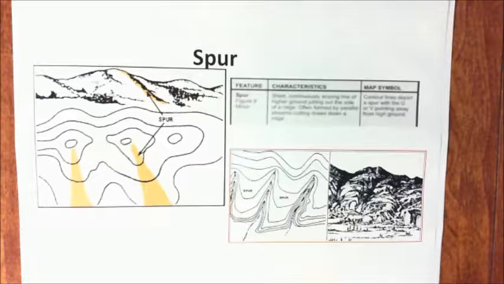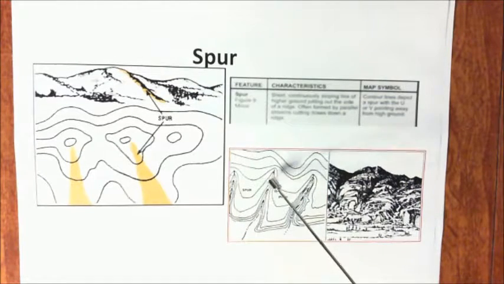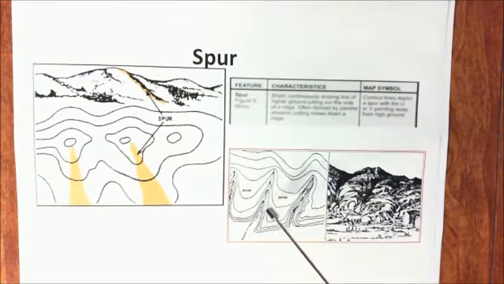So the characteristics: a spur is a short, continuously sloping line of higher ground jutting out the side of a ridge, often formed by parallel streams cutting draws down a ridge. So here, contour lines depict a spur with the U or V pointing away from high ground. Just like on the draw, we had the V. Remember, a draw generally has a V because it's tight ground.